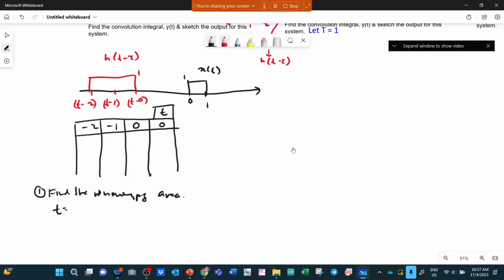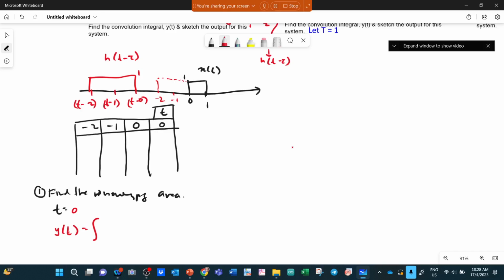Okay, so maksudnya dia akan jadi kat sini lah. Bila you plot balik di signal, dia akan jadi macam ni, minus 2, minus 1. Okay, so you start to do that. T at 0, then find y(t).